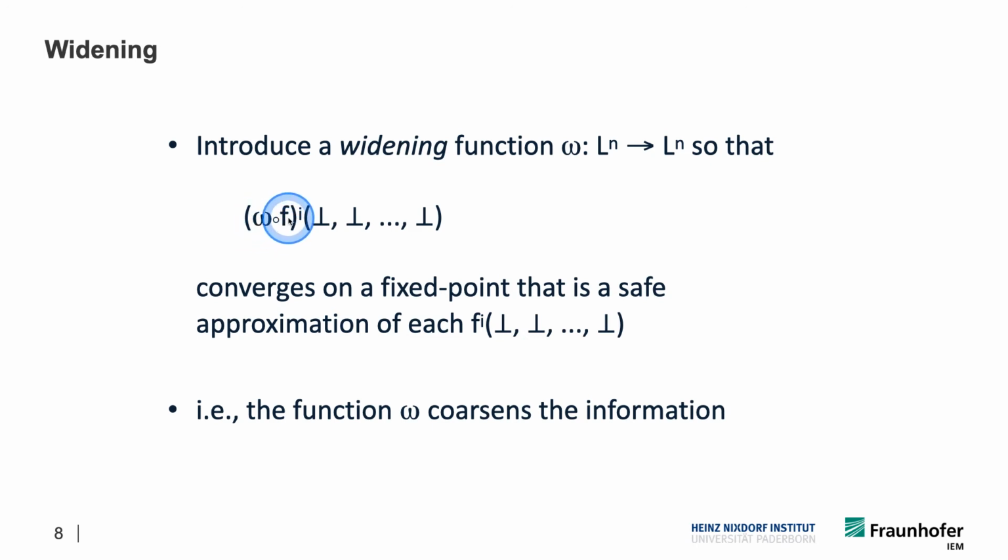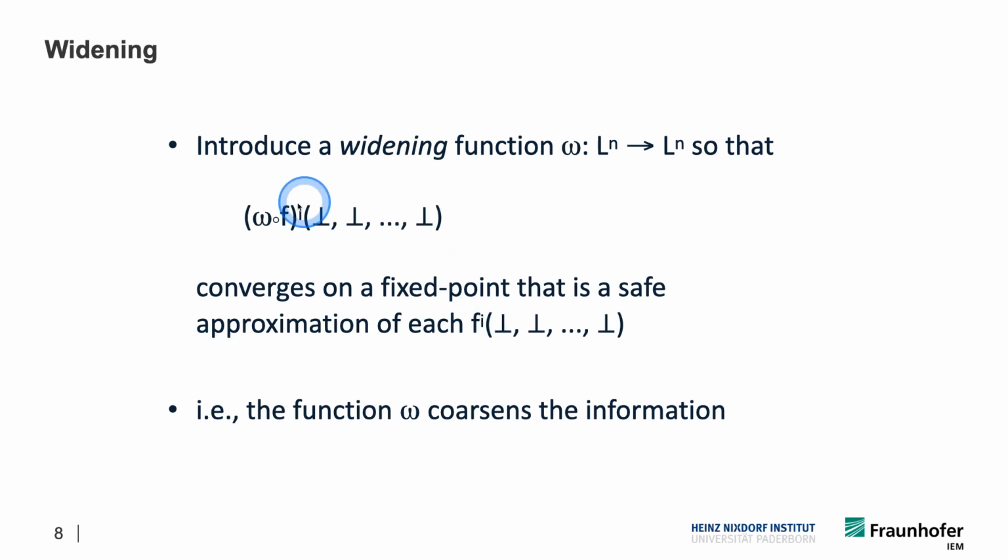So we are applying the flow function to every statement, and then we are applying the widening function to each result. And the idea is that this converges on a fixed point that is a safe approximation of each individual iterative result that we have obtained here.